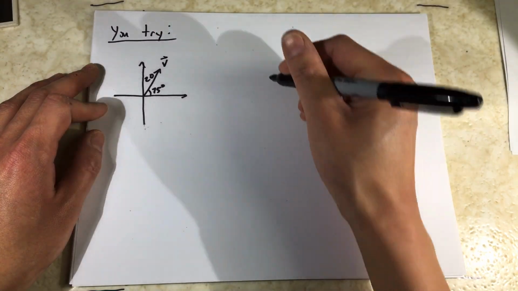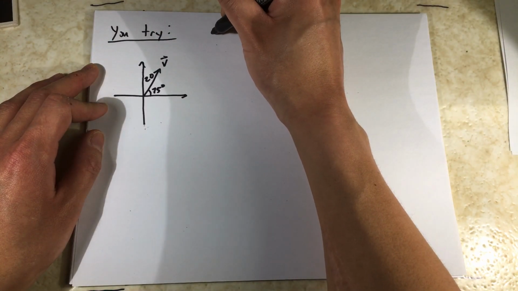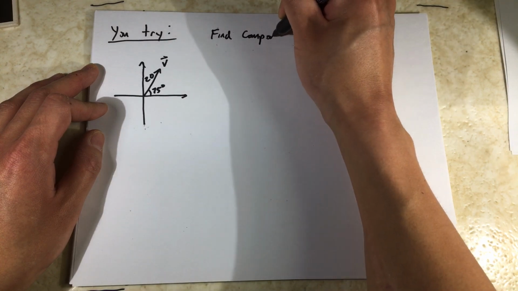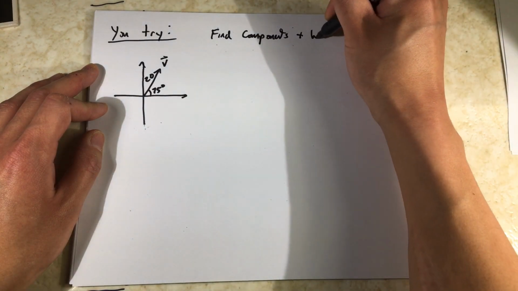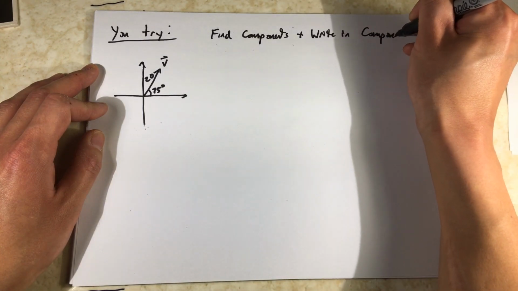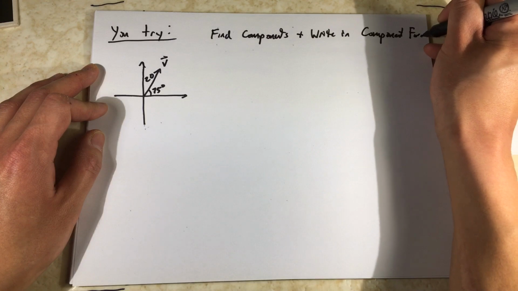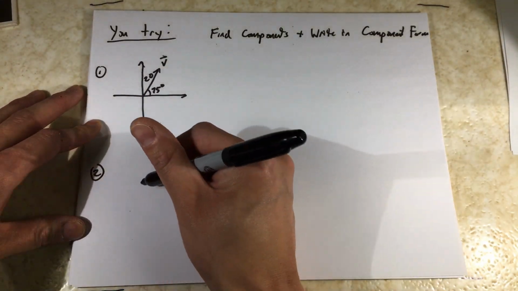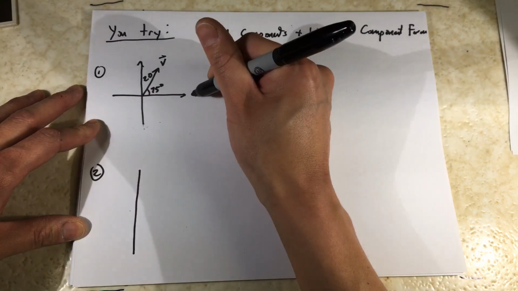Let's call this V. We want to find the components and write it in component form. Okay, so that's one.